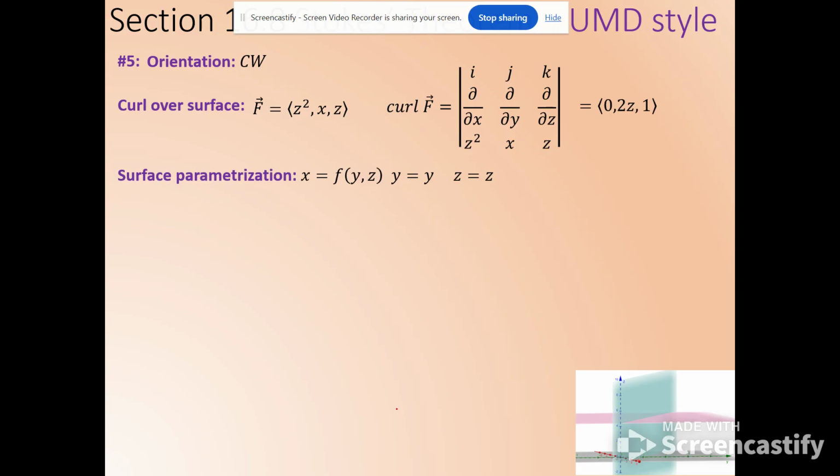Now I'm going to parametrize the surface. Once again, my plane, right? I could get x in terms of y and z. So I wrote my position vector and then found my normal.